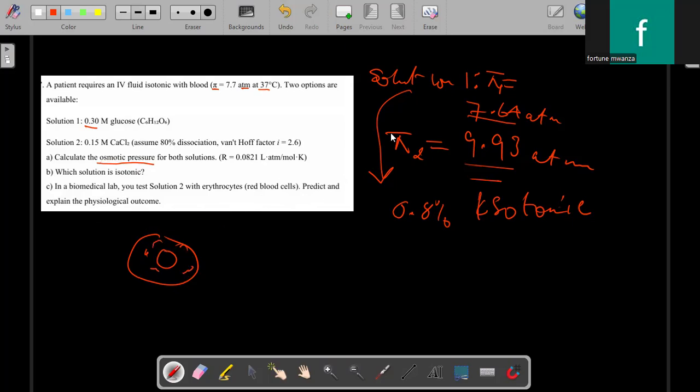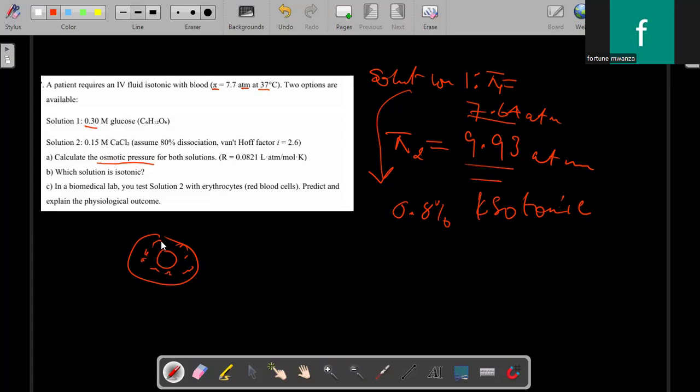You've seen that the osmotic pressure for solution 2 and that of blood are different. The osmotic pressure for solution 2 is greater than that of blood, meaning this is a hypertonic solution. What happens when you place a cell in a hypertonic solution?